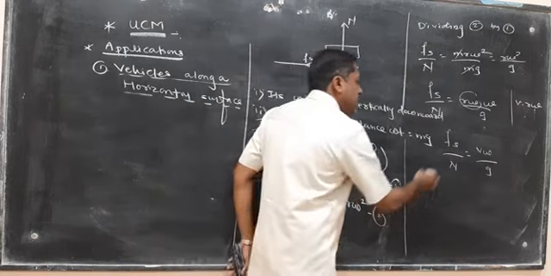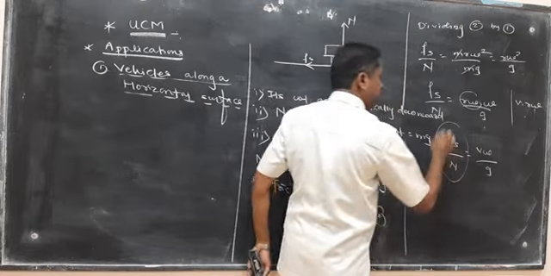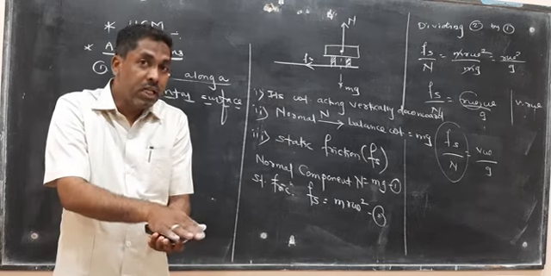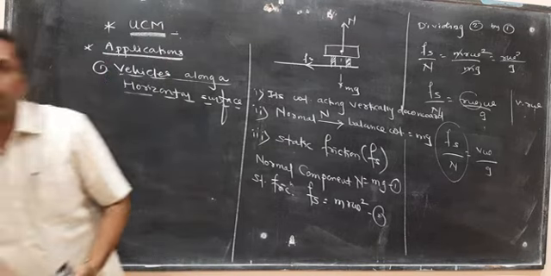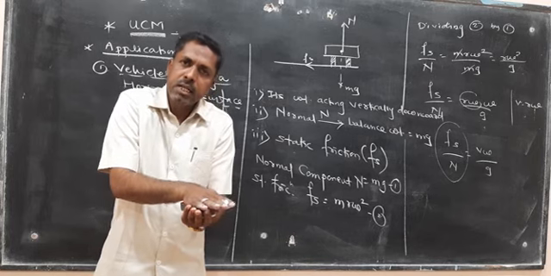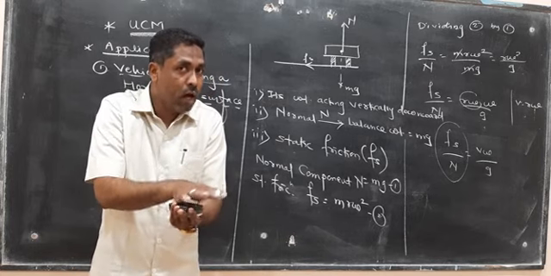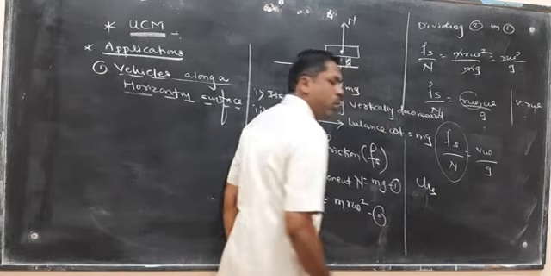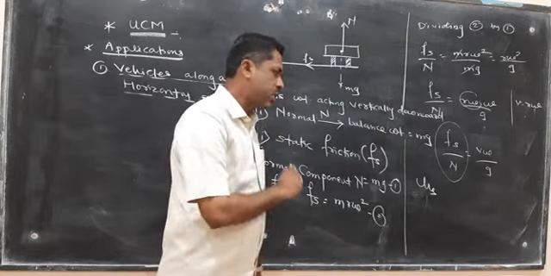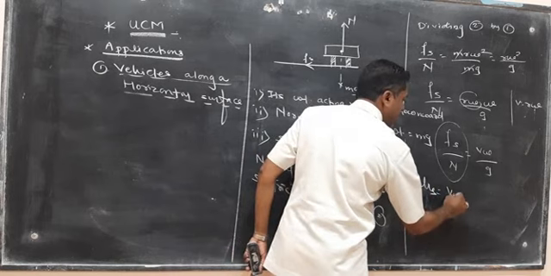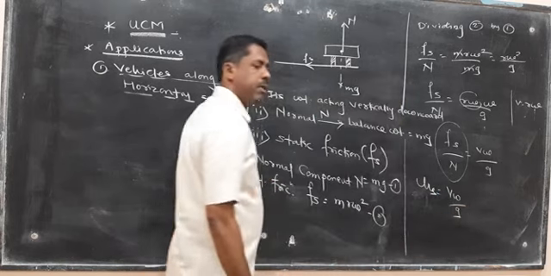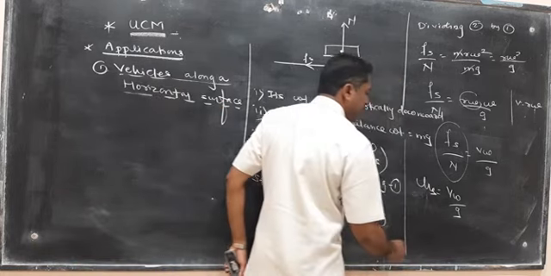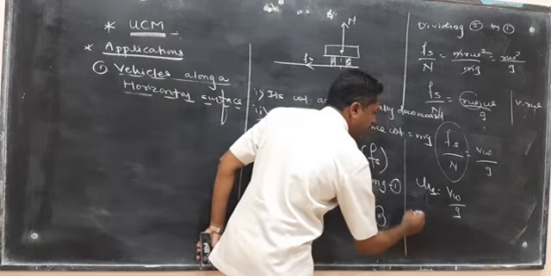If the speed of the car increases, then at that time friction also increases, and that is represented by the factor mu s, called the coefficient of static friction, equal to v omega upon g.